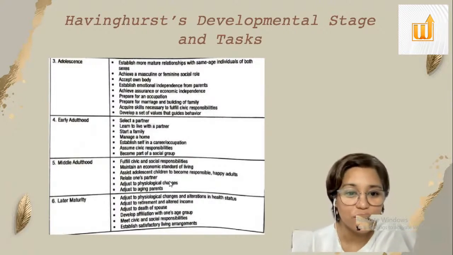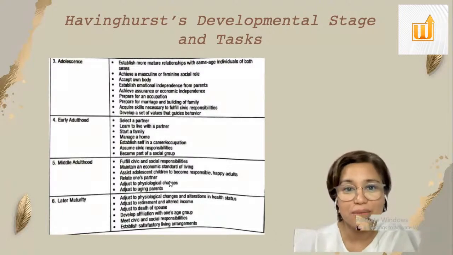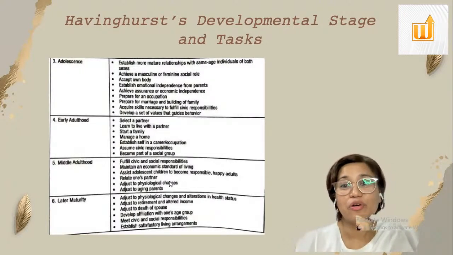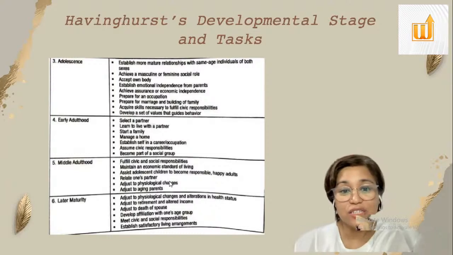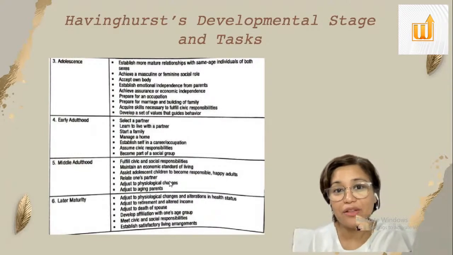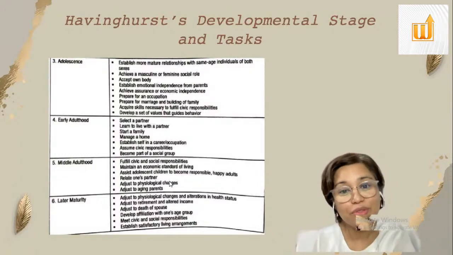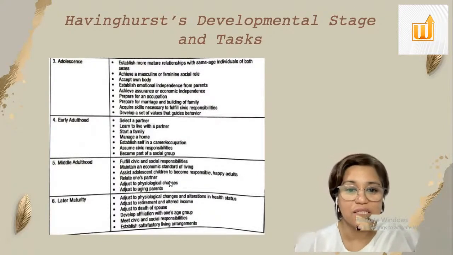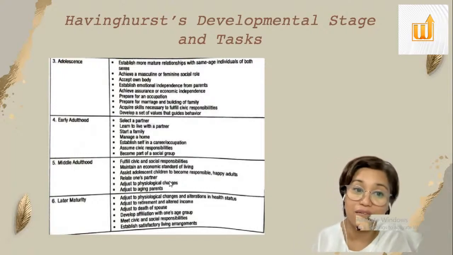For the middle adulthood, we look at fulfilling civic and social responsibilities, maintaining economic standard of living, assisting children to become responsible, happy adults, becoming good parents, relating to their partners, adjusting to physiological changes as well, and adjusting to their aging parents.